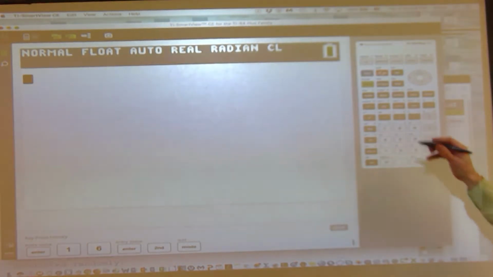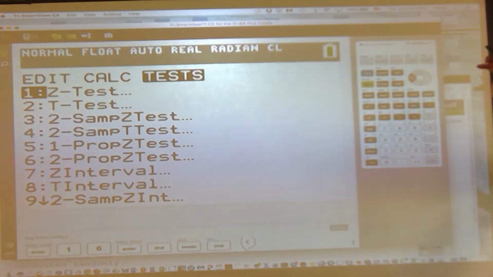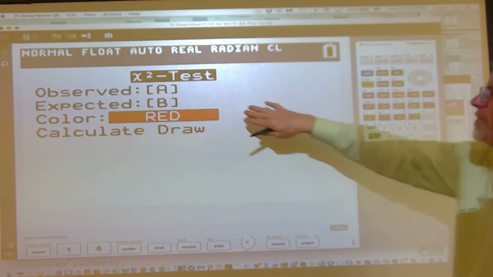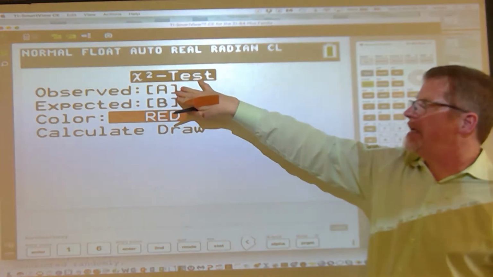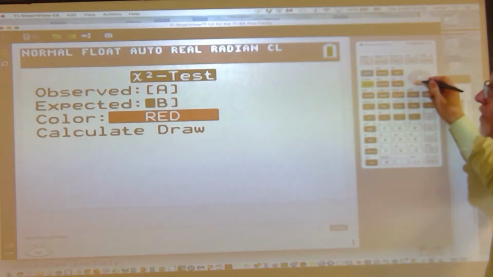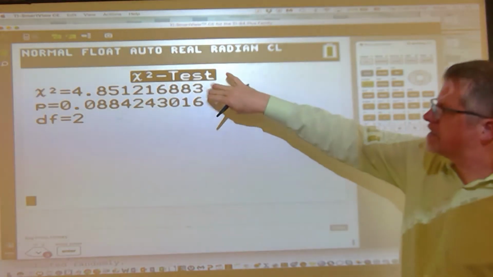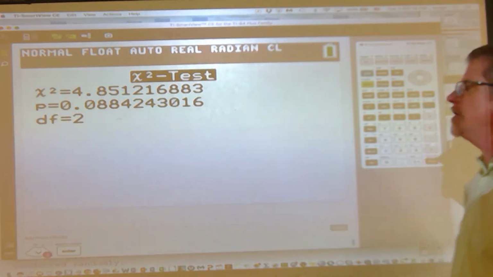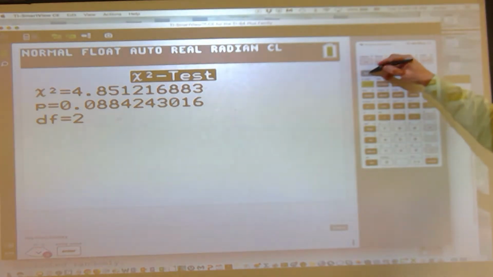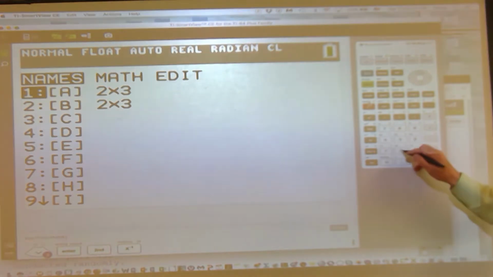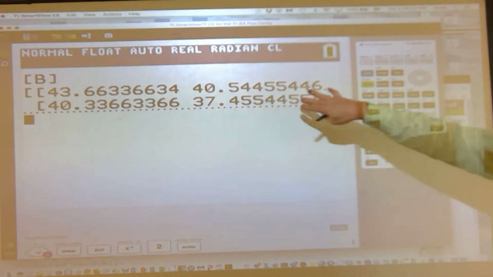Once you've got those in, then you do stat test alpha C. You've already typed your observed values into matrix A. It's going to take care of matrix B for you, because once you calculate the chi-squared test statistic, which gives you a p-value of 0.08, then when you go back to the matrix menu and press 2, enter, matrix B is there.